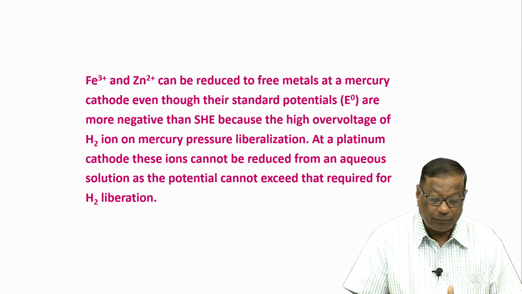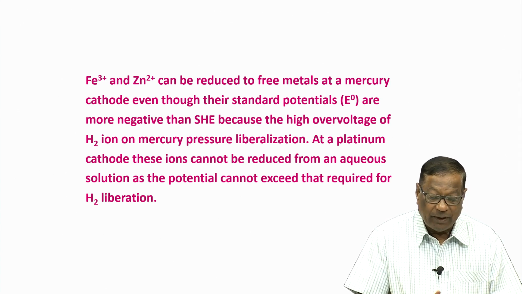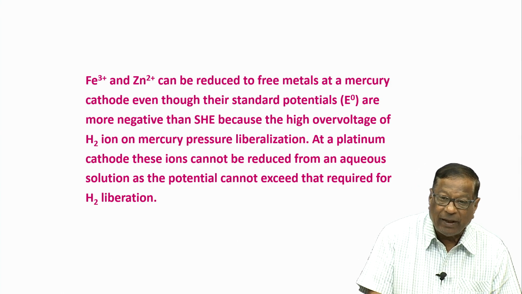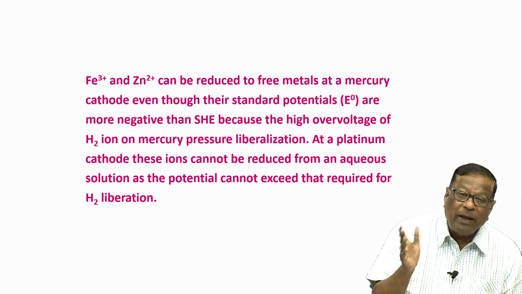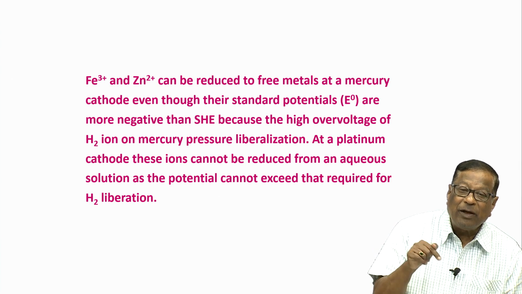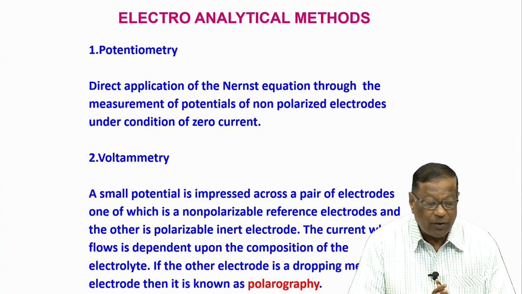Their standard potentials are more negative than the standard hydrogen electrode, because the hydrogen electrode is 0. The reason is the high over voltage of hydrogen ion on mercury. At a platinum cathode these ions cannot be reduced from an aqueous solution, as the potential cannot exceed that required for hydrogen liberation.